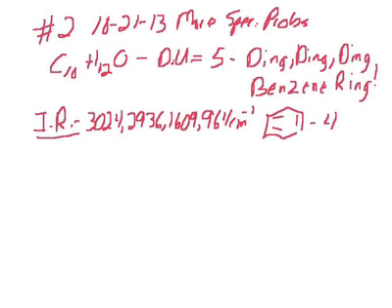What does 3024 tell us? sp2 CH stretches, which makes sense. If we have a benzene ring, we're going to have some sp2 CHs. What does 2936 tell us? sp3 CHs. Notice how it's important to say sp3 or sp2, right? Those are different types of bonds, different bond lengths. What's 1609 tell us?